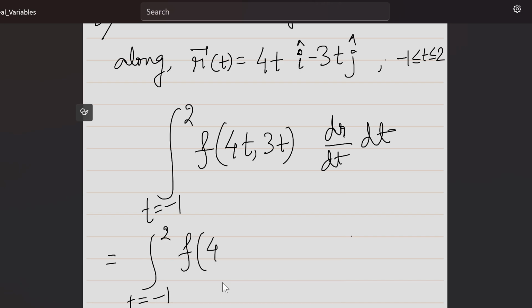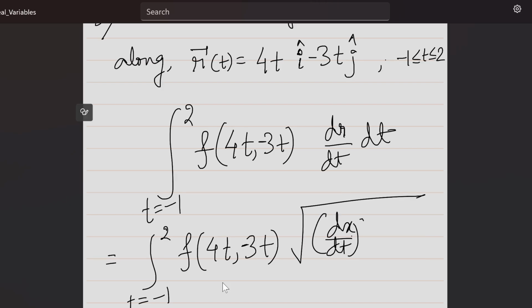It is f of 4t comma 3t, because I have to take along this path. So I put x equal to 4t, y equal to 3t, and dr means root over dx dt whole square plus dy dt whole square into dt. This is the formula, nothing more.